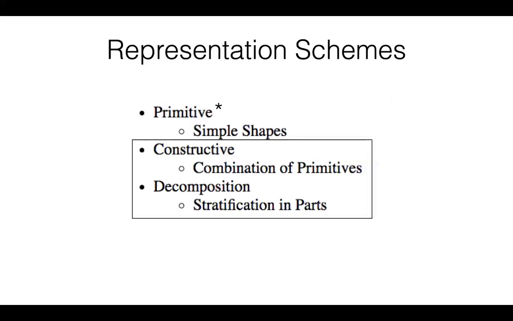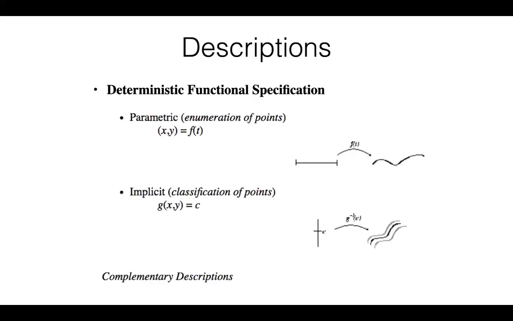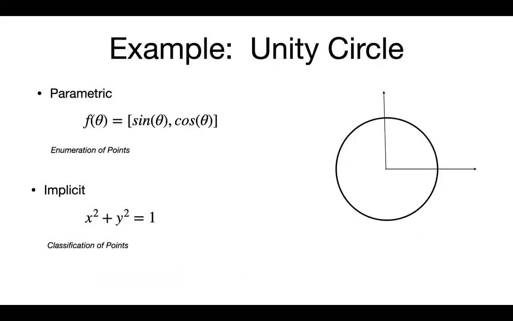So now we need to represent these models in a constructive way, a way that we can implement in a modeling system. Basically, if we have a simple shape, we call the simple shape a primitive. And a simple shape can be described using this deterministic functional specification, either parametric or implicit or both.